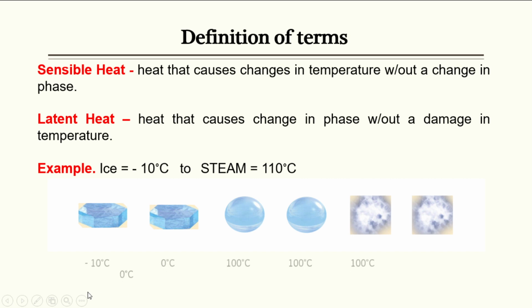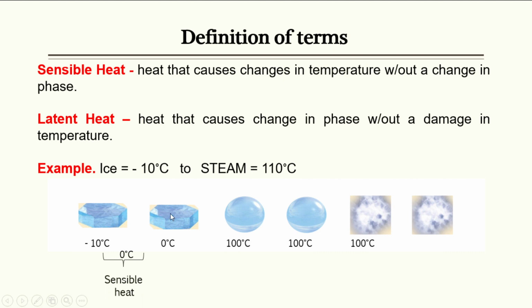Okay? So, from ice at negative 10 degrees Celsius, bababa muna yung temperature niya into 0 degrees Celsius. Hindi agad magiging tubig yan. Nagbago yung temperature without changing phase, ice pa rin siya. Tawag dyan is sensible heat.